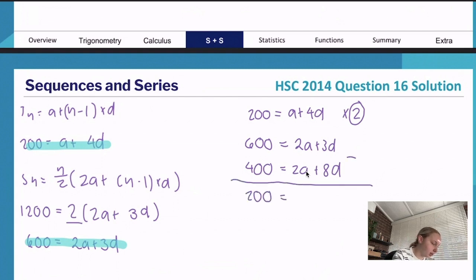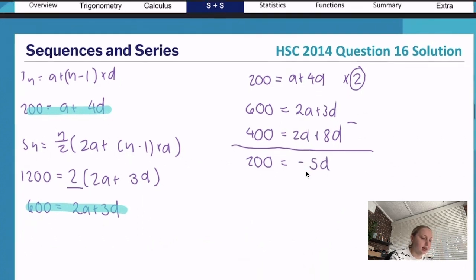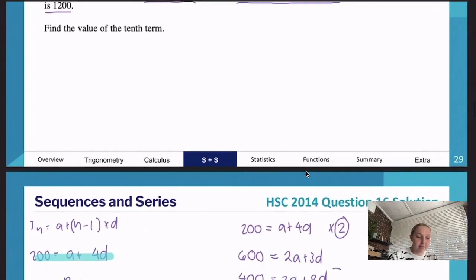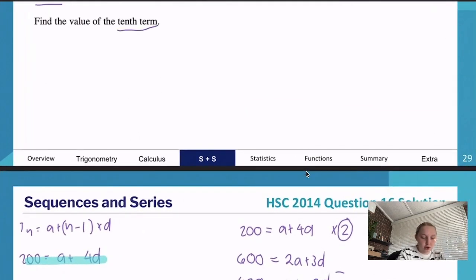So we get 200 is equal to minus 5d. To find d, we want to get d by itself, so we divide both sides by minus 5, and we get minus 40 is equal to d. Now that we've found one of our variables, the next thing is to put what we found for d back into one of our equations to find a, because we need both variables in order to find the 10th term.